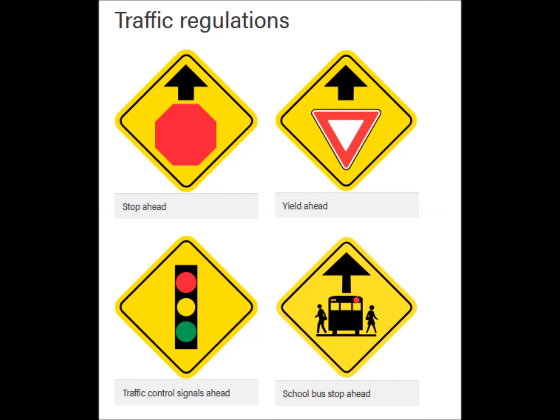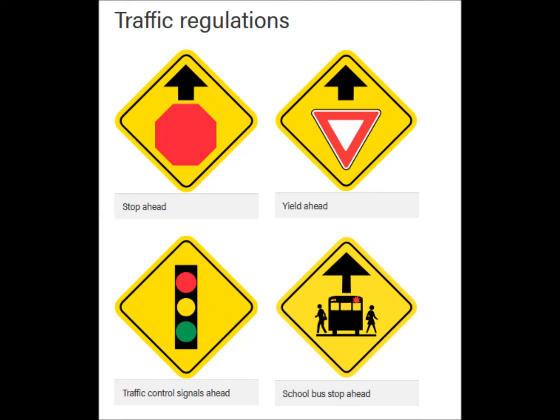Image description. A yellow diamond with a black outline. There is a downward pointing triangle with a red outline and a white interior. Above it is an arrow pointing up. Yield ahead. Image description. A yellow diamond with a black outline.